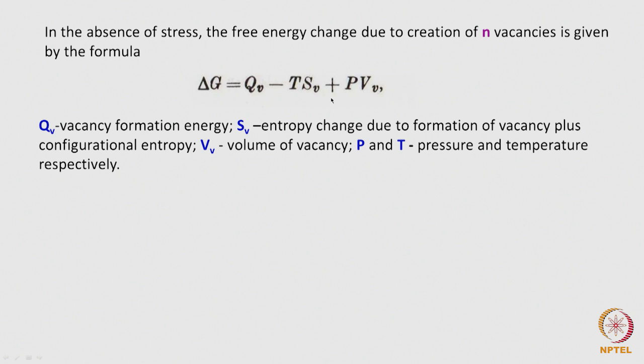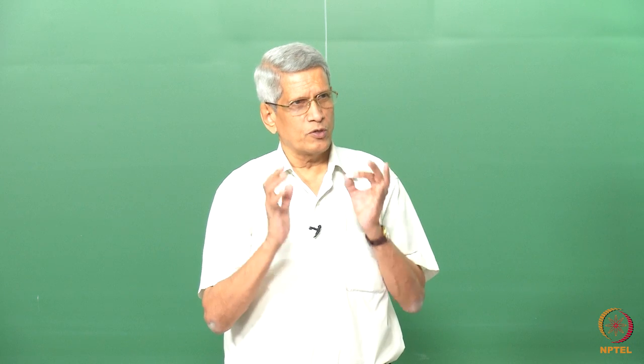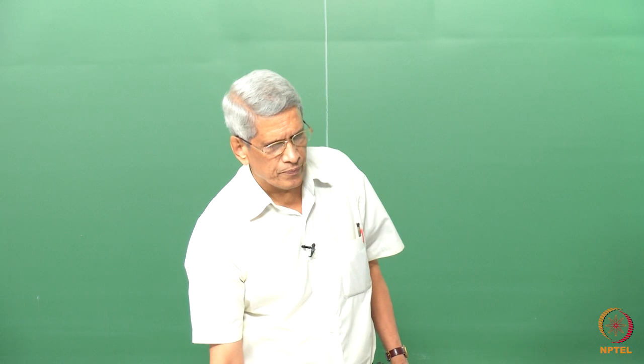Since a lot of vacancies are there, creation of each vacancy adds some volume to it. That is what we have added as VV, which is nothing but the volume of the vacancy. One should understand this volume of the vacancy is different from the size which an atom occupies in a lattice site, because there is some relaxation, so it's not the same.